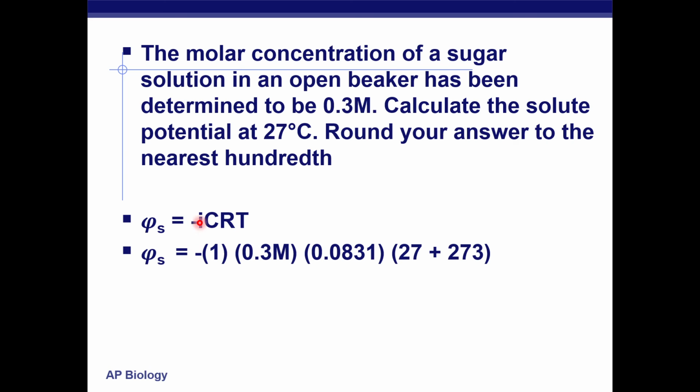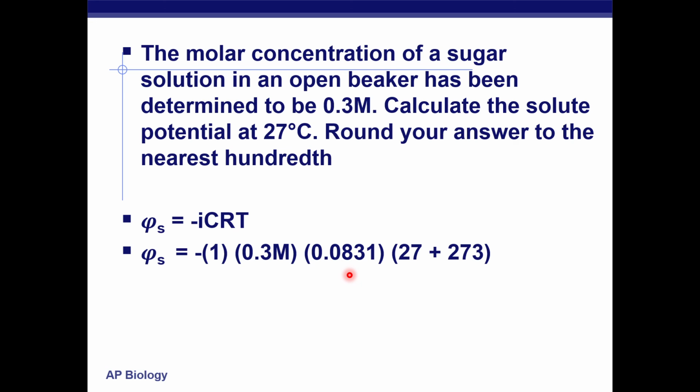Negative, don't drop the negative. I is my ionization constant. Because the solute that we're using here is sugar, then that number is always going to be 1. C is the molar concentration. They give us the molar concentration of 0.3 molar. R is our constant, and that's always going to be 0.0831.